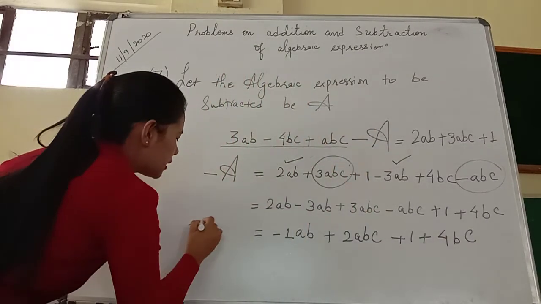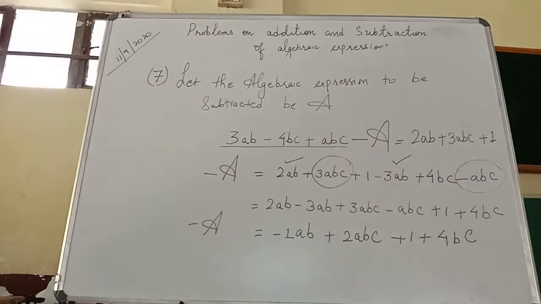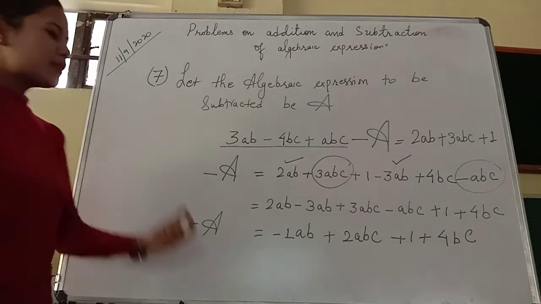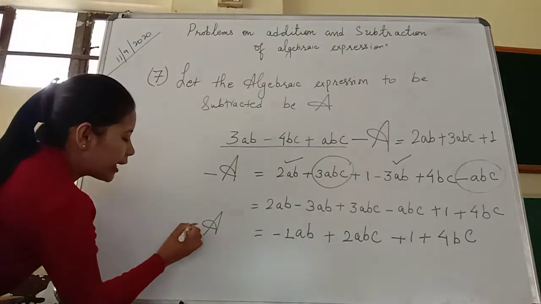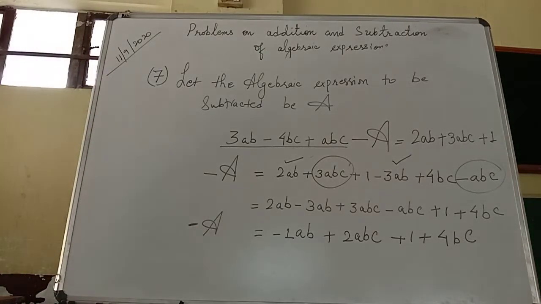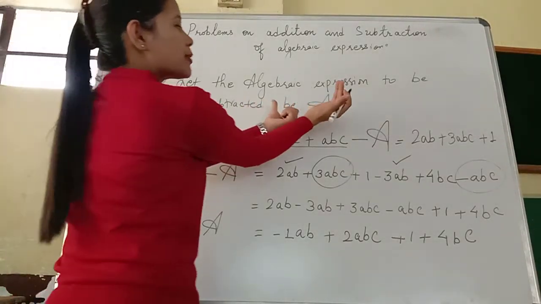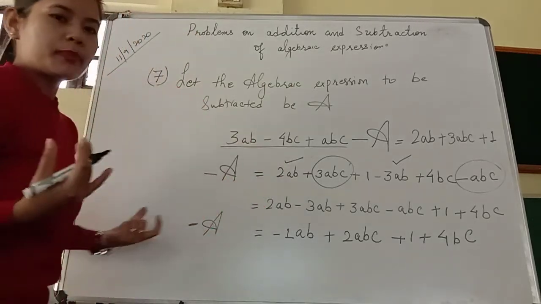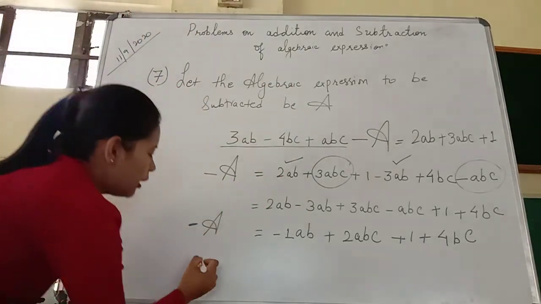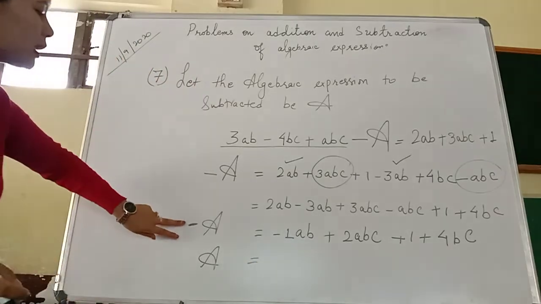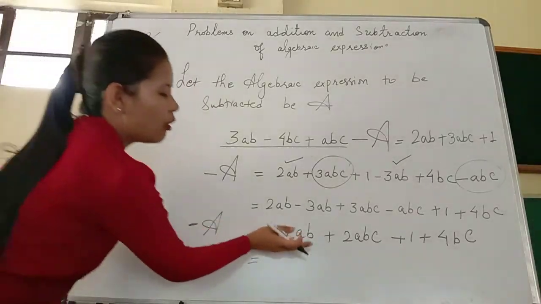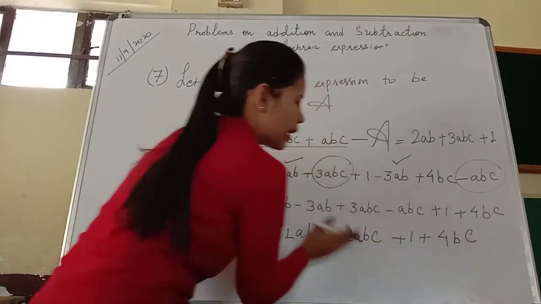Okay, so children, please do not be in a hurry to say that the expression to be subtracted is this. No, it is wrong because this is minus A. I want to find A because we have assumed the expression to be subtracted as A and not minus A. So from here, I find the value of A. So to remove this minus from here, we change all the signs of the terms on the right hand side.